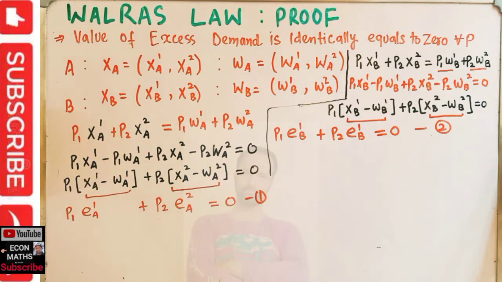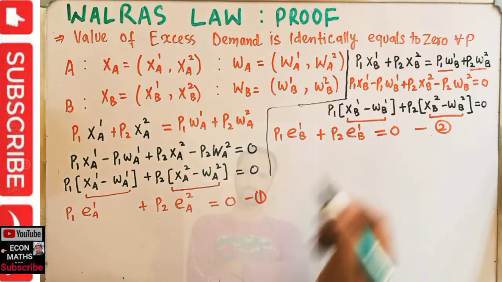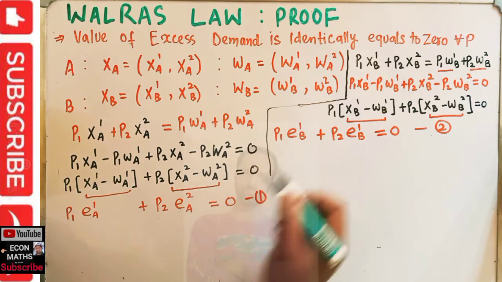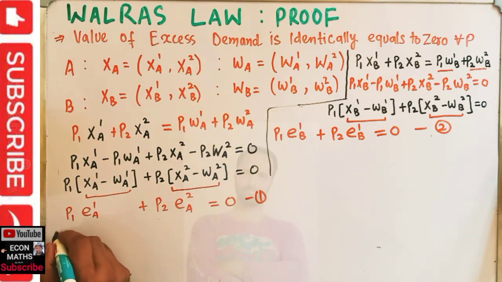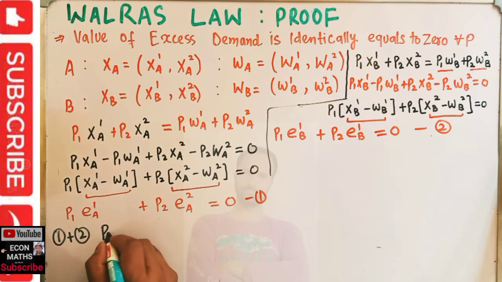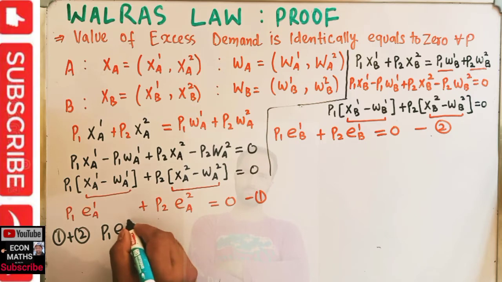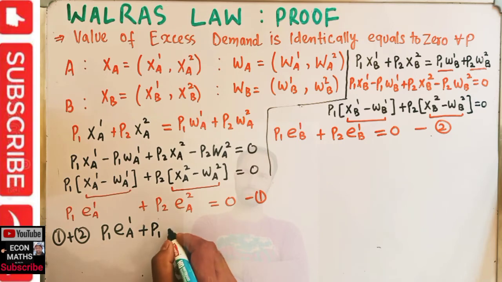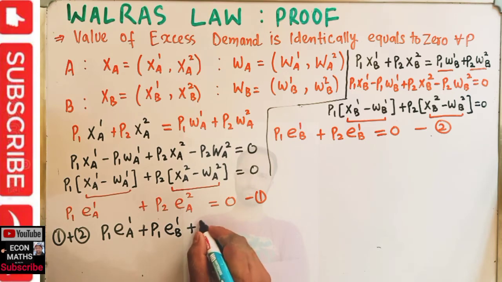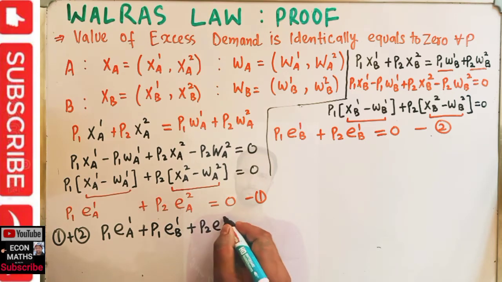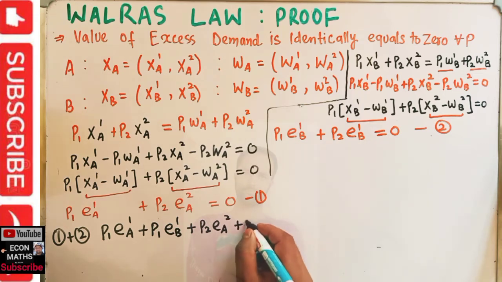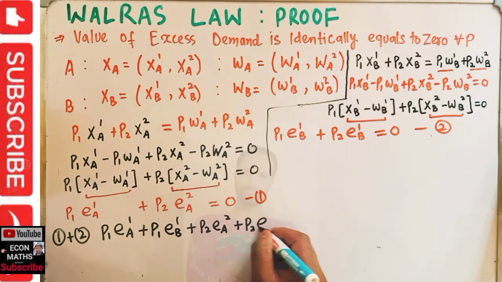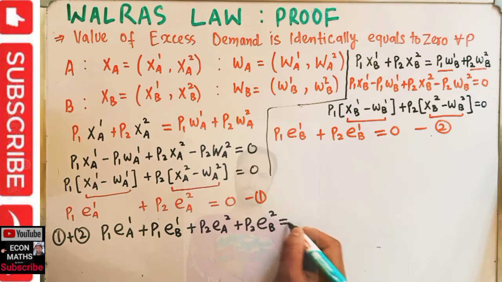Okay, now add up these two equations. I can add them easily. So equation 1 plus 2 gives us P1 EA1 plus P1 EB1 plus, then we have P2 EA2 plus P2 EB2 should be equal to 0.